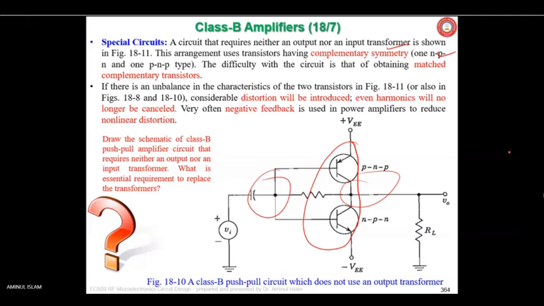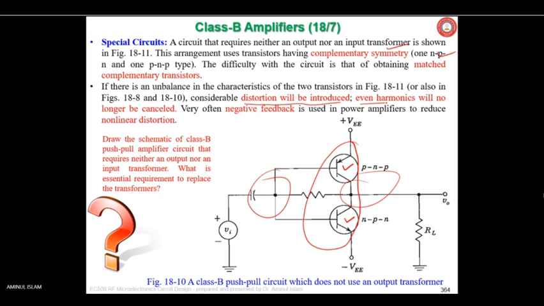The difficulty with the circuit is that of obtaining matched transistors. These two transistors, NPN and PNP, should be matched. I mean, their output characteristics should be balanced or matched. If there is an unbalance in the characteristics of the two transistors, considerable distortion will be introduced.